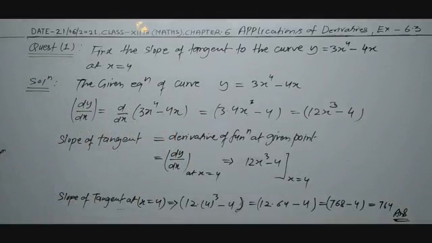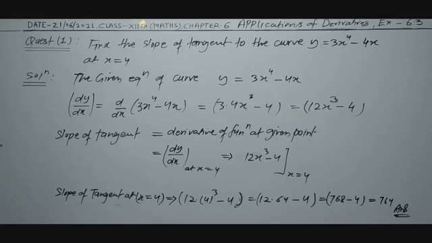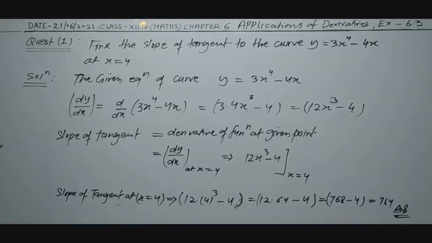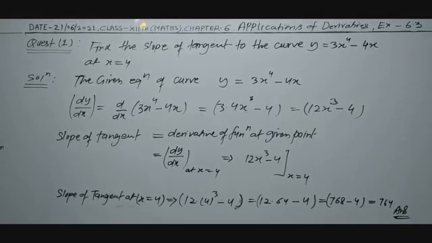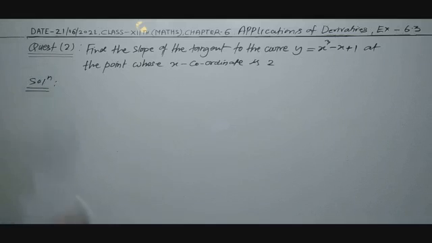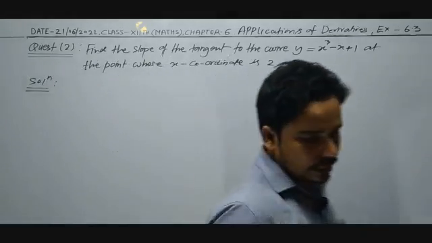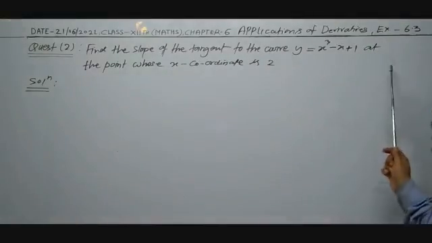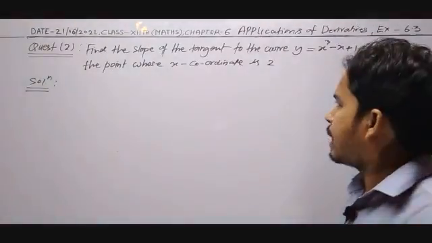So this is question number 1. Now come to question number 2. Question number 2 is: find the slope of the tangent to the curve x cube minus x plus 1 at the point whose x coordinate is 2.